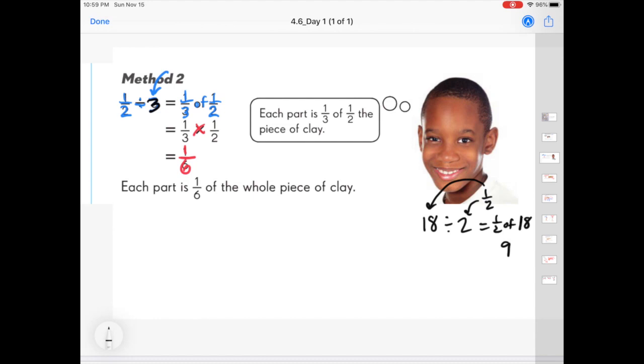And so the same holds true even when we're dividing with fractions. If we're dividing a number by 3, we're taking 1/3 of a half. And so 1/3 of 1/2, well, we know that of means to multiply, so we just simply have to multiply the fractions. 1/3 times 1/2.